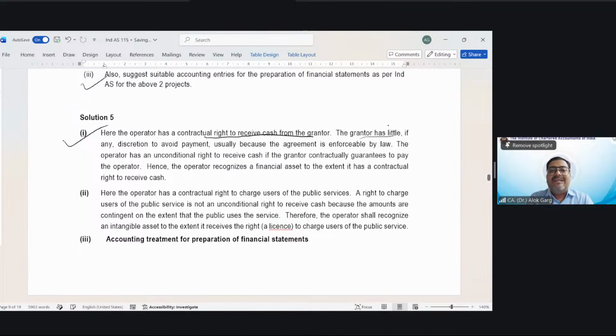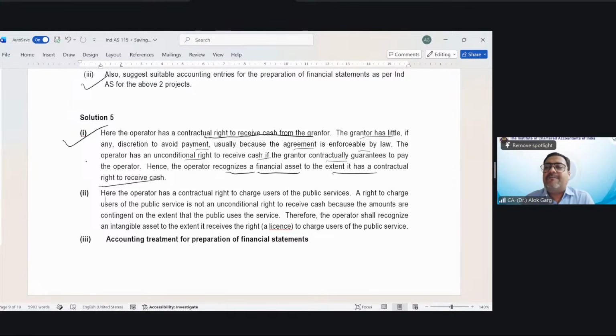The grantor has little, if any, discretion to avoid payment, usually because the agreement is enforceable by law. The operator has an unconditional right to receive cash if the grantor contractually guarantees to pay the operator. Hence, the operator recognizes a financial asset to the extent it has a contractual right to receive cash. So it's a financial asset.